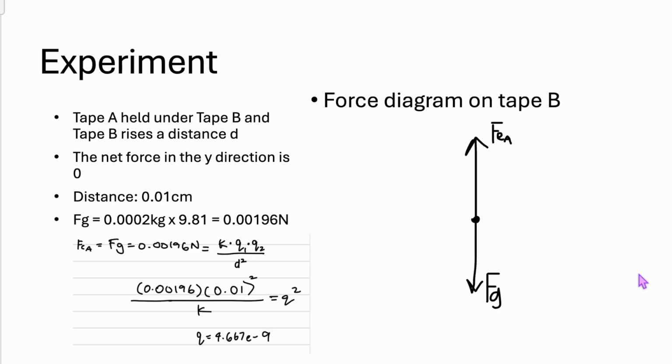And the distance that we measured is 0.01 centimeters, and I use this equation, force is equal to force of gravity, which is 0.00196 newtons, and that's equal to the equation. And I just plugged all the different variables that we had in to find the final answer for q, which is 4.667 times 10 to the negative 9th. And this is the charge on tape B.